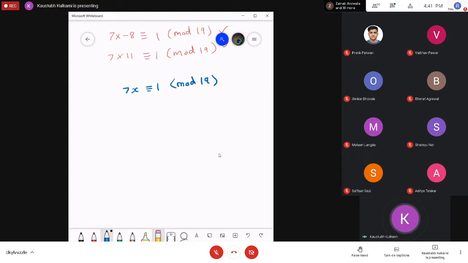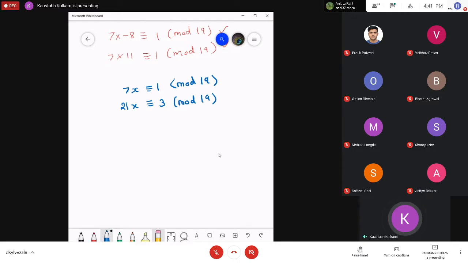Okay, so multiply 7x with 3. 21x is congruent to 3 mod 19, because we multiplied both sides by 3. Now, because the modulus is 19, we can add 19 to both sides without affecting it.